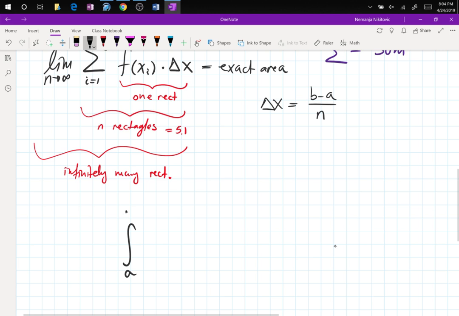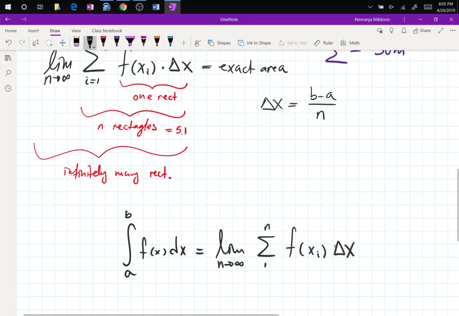Integral a to b of f of x dx is equal to the limit n goes to infinity of the summation from 1 to n of f of xi delta x. This is called Riemann integral, and it's used to calculate area under the curve and to calculate exact area under the curve.